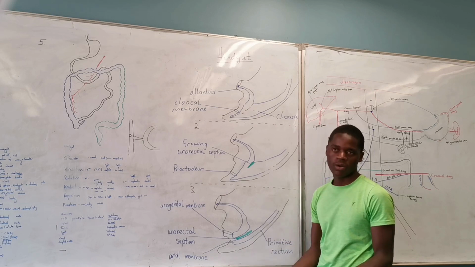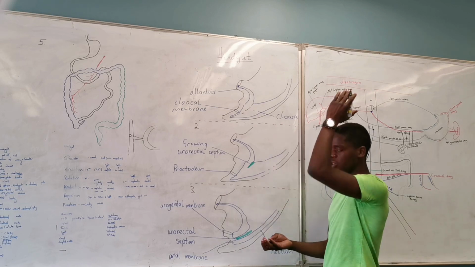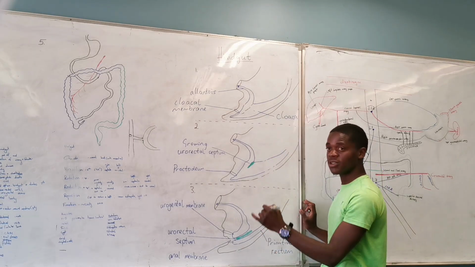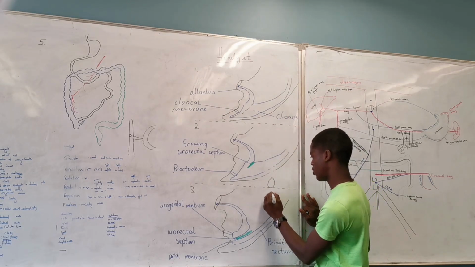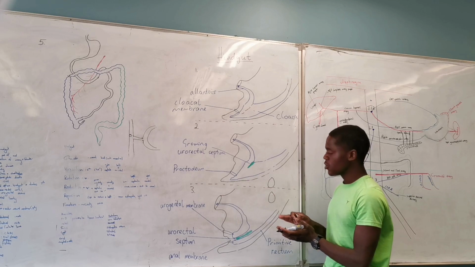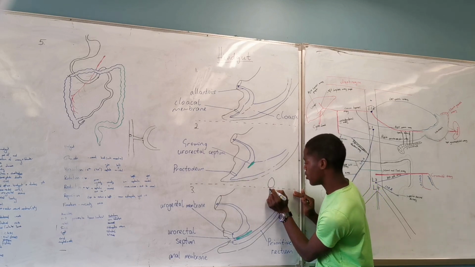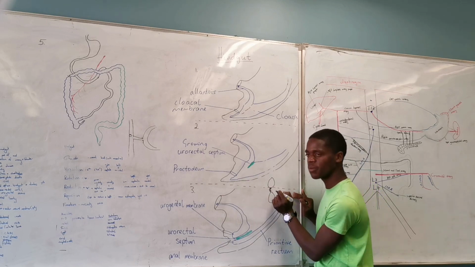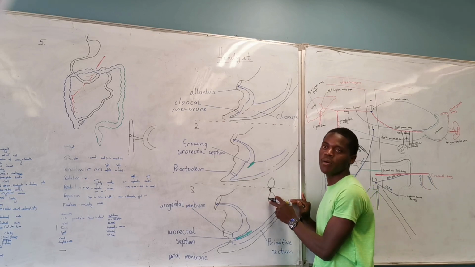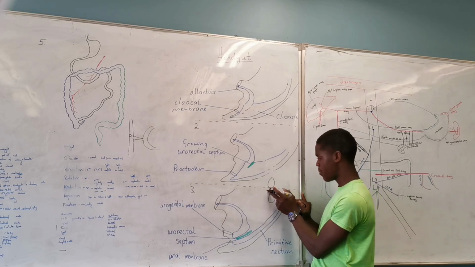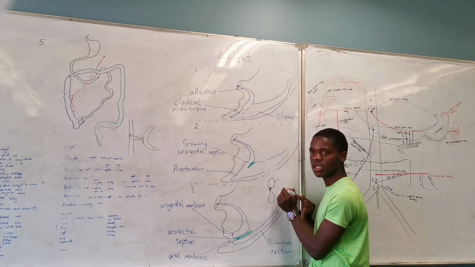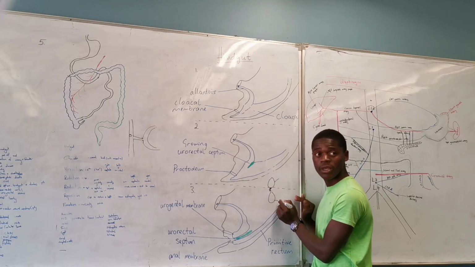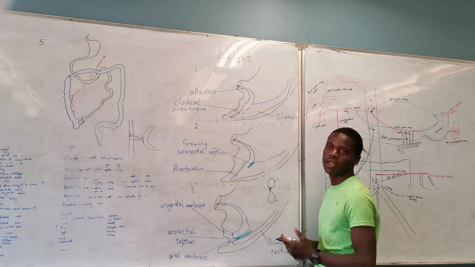If I were to take a transverse cross-section, we would have these two openings. The mesenchyme that separates these two forms what we call the perineal body, separating the anterior urogenital part from the posterior anal canal.